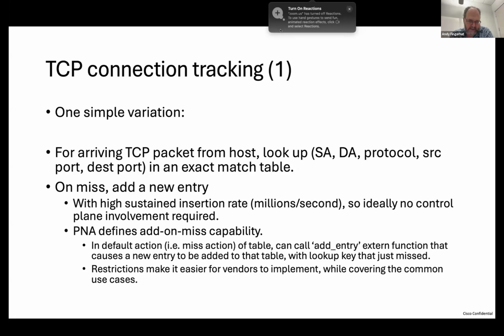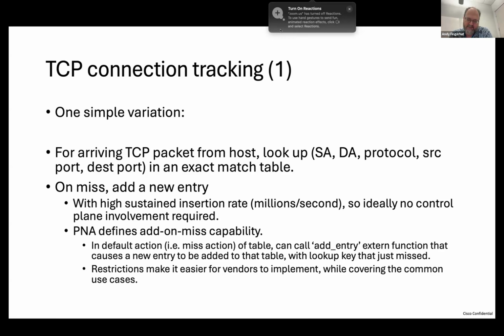It will do it at some rate of new connections per second, but a common desire in these devices is to be able to do that at millions of connection adds per second, not just tens of thousands. Punting to the control plane CPU and having it do tens or maybe hundreds of thousands per second is not too hard to achieve, but millions per second is pretty hard to sustain in that kind of path.